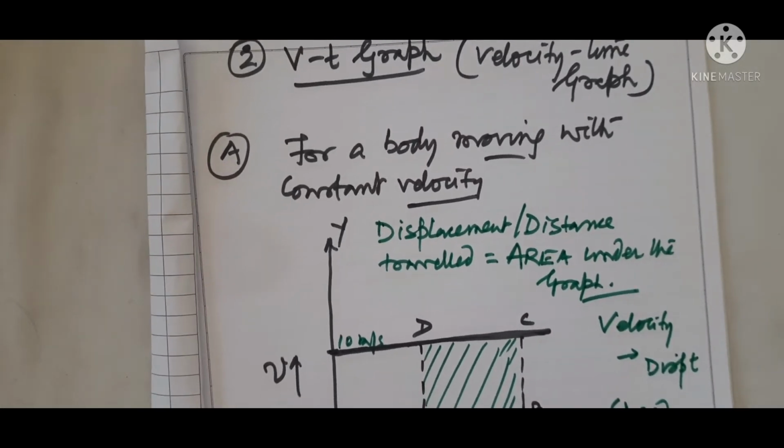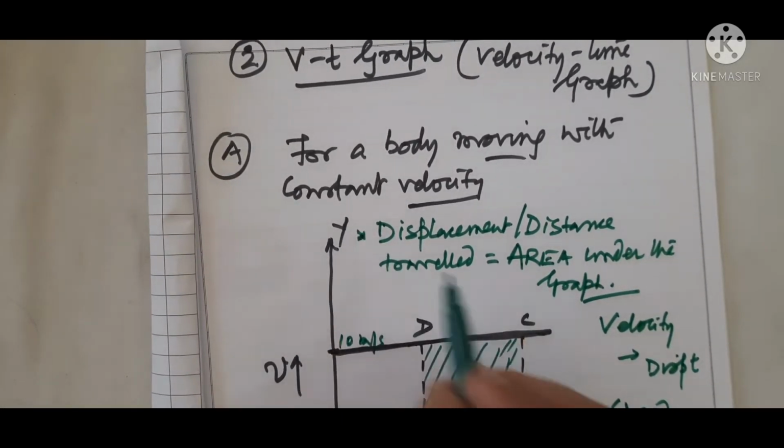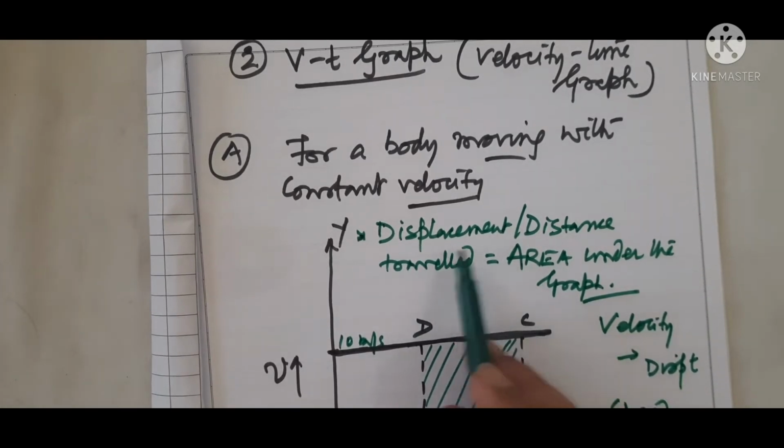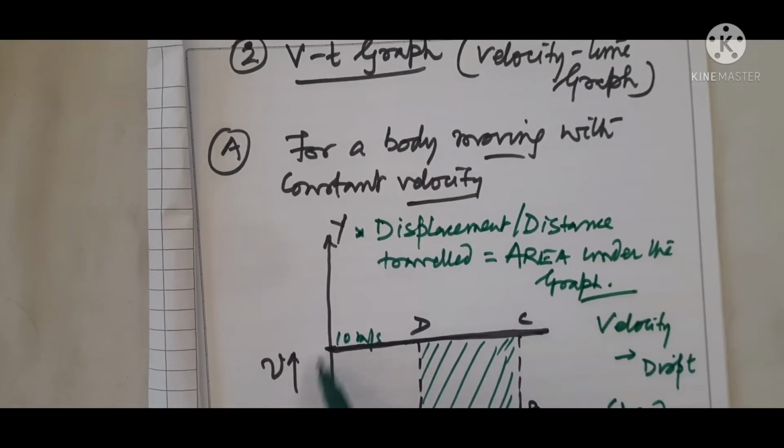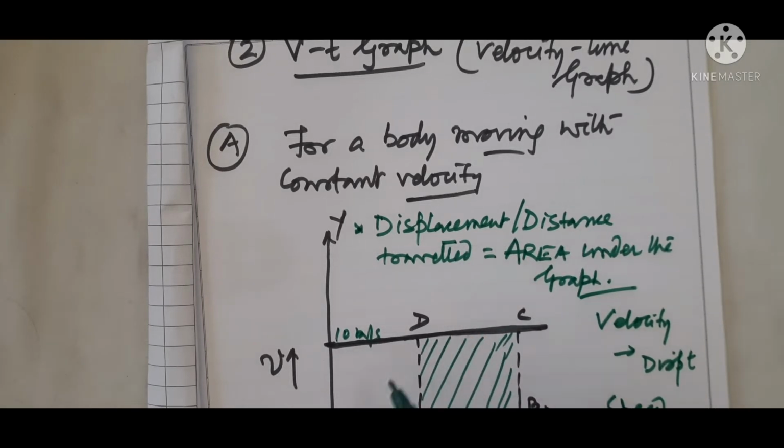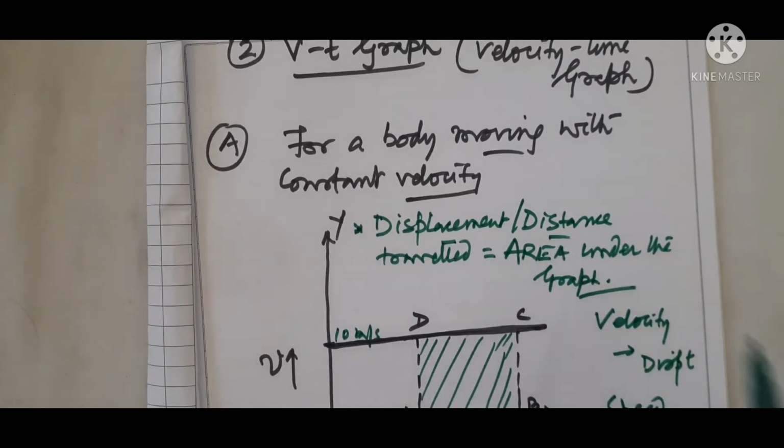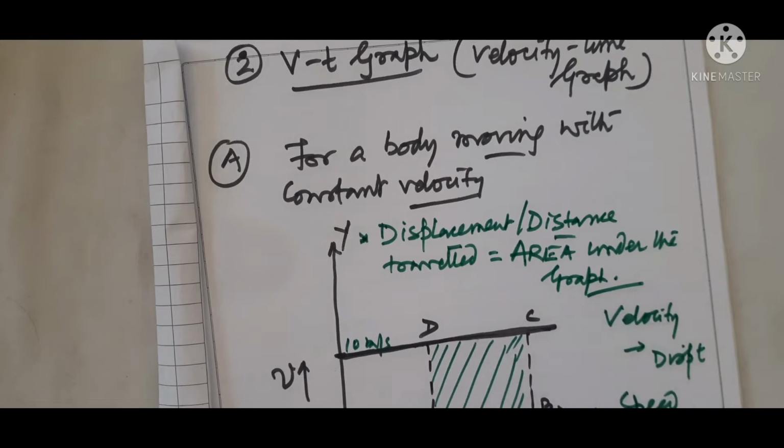Right? Important conclusion: distance or displacement. As I told you, why I have written distance and displacement: if the velocity time graph is there, displacement; if the speed time graph is there, distance. So area under the graph.